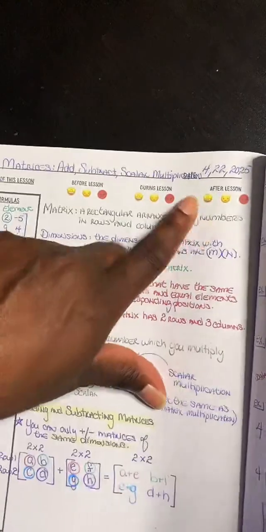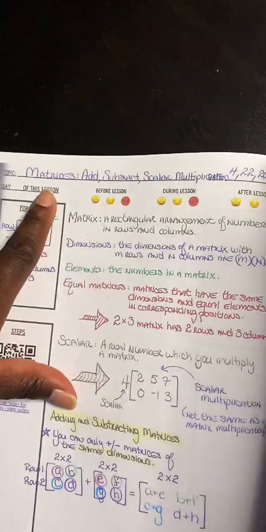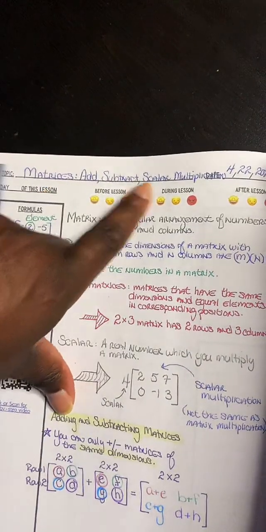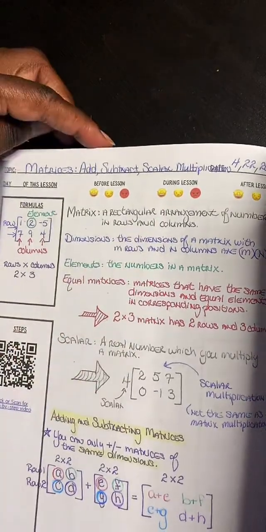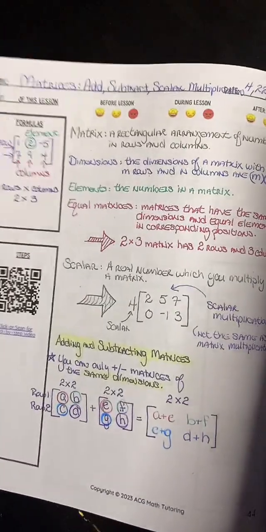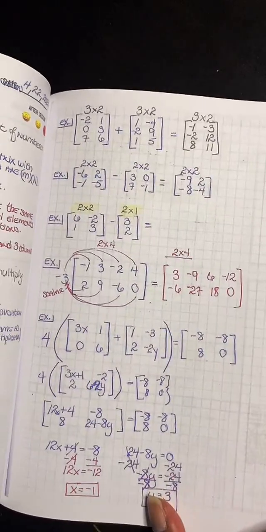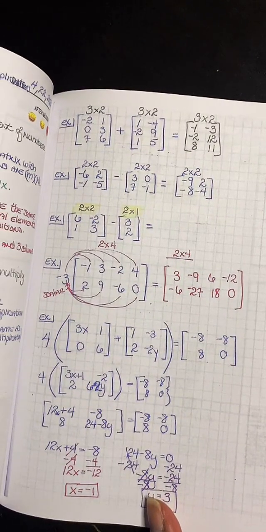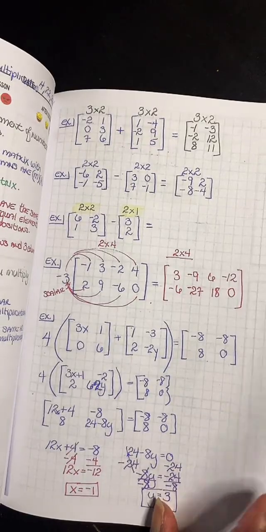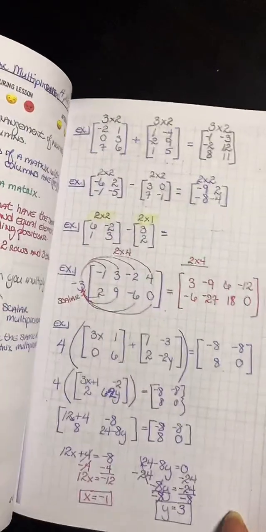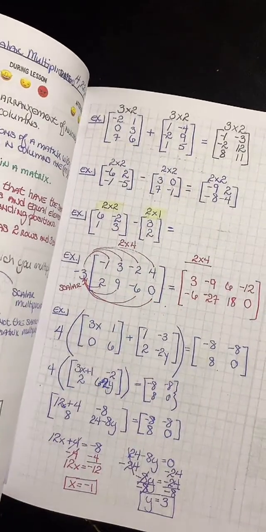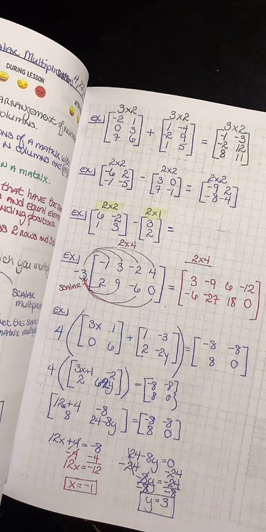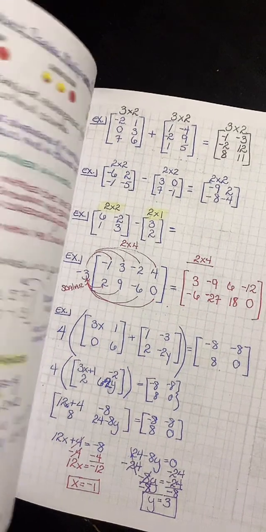So this one happened April 22nd, and we were doing matrices: adding, subtracting, and scalar multiplication. These were all the notes that we took, so you can follow along. That's all this is for, to follow along. You can use it for homeschool, you can use it for remediation, okay?